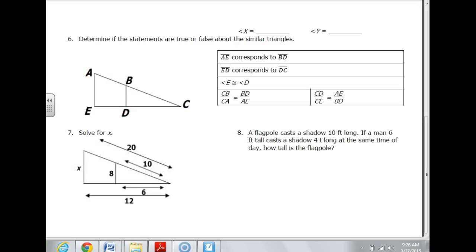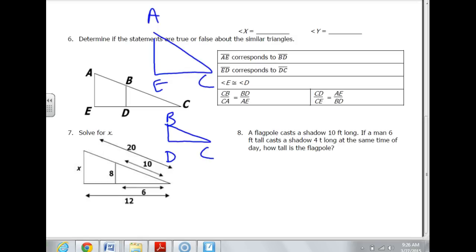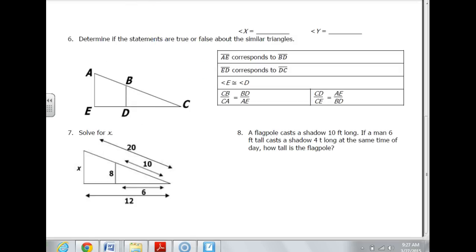So we know that we have 2 triangles: AEC, and we also have triangle BDC. So again, if it's hard for you to see them all right here, draw them separately. That may help you. So yes, AE does correspond to BD because they're in the same spot on both triangles.